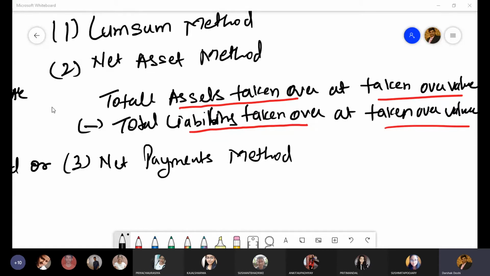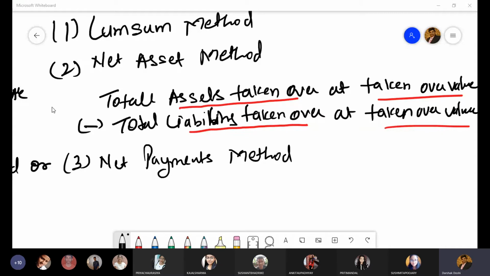Shall we go ahead with the journal entries in the books of purchasing company? I had also told you all that when we are writing down in the books of vendor company, whether the amalgamation is in the nature of purchase or whether the amalgamation is in the nature of merger, that is not important.